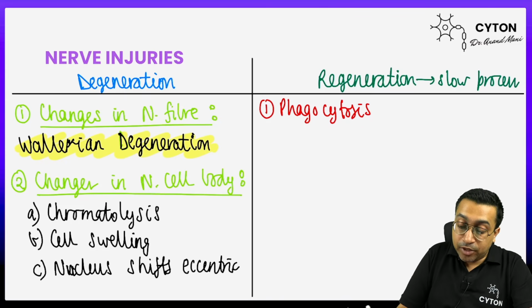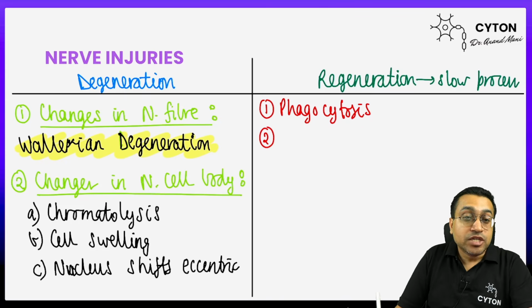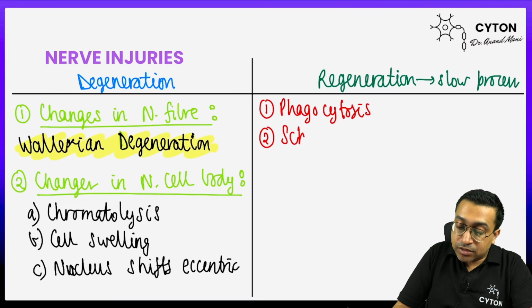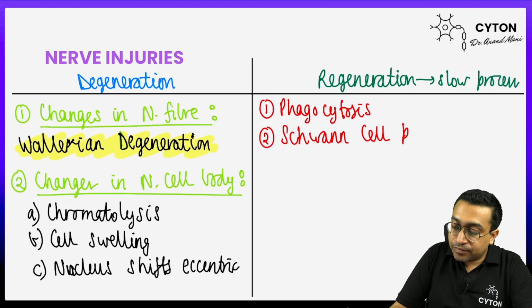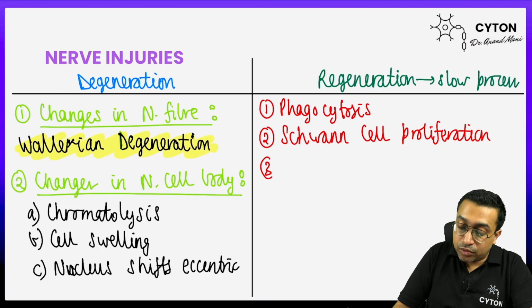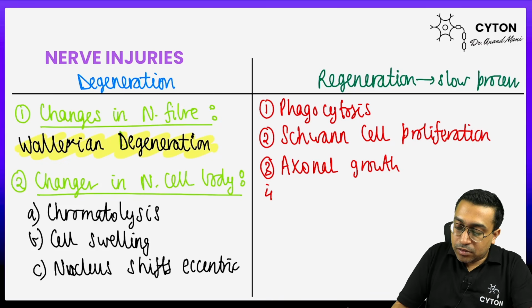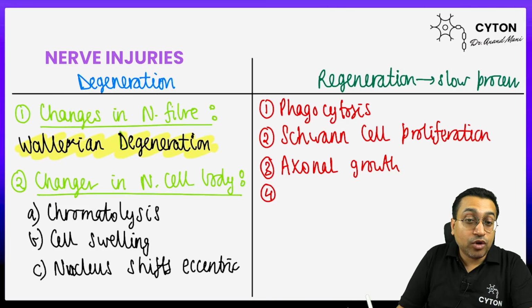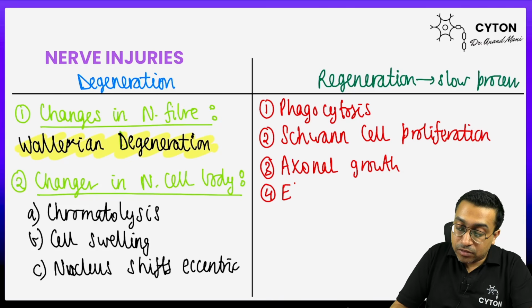Okay, number 2, Schwann cell proliferation. Number 3, axonal growth. Number 4, we have elongation of the axon.